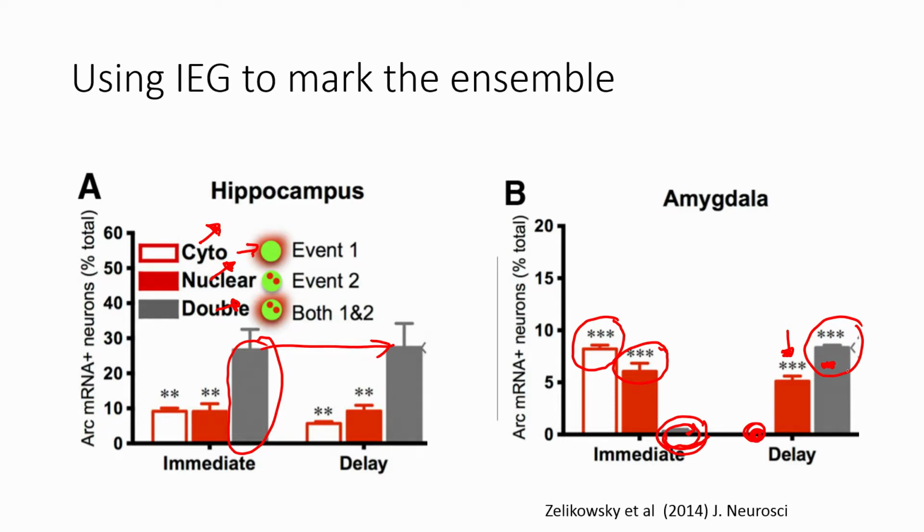That is why you have the double labeled. Let me repeat again here. The neurons that encoded only event 1 are almost nil. Every single neuron that was active during the training was also active during the retrieval.